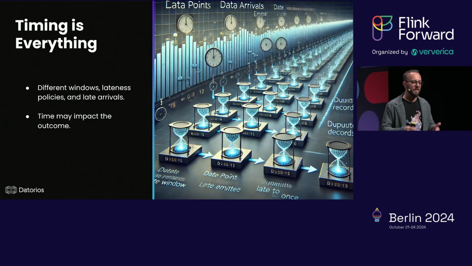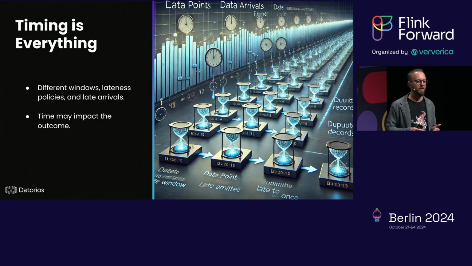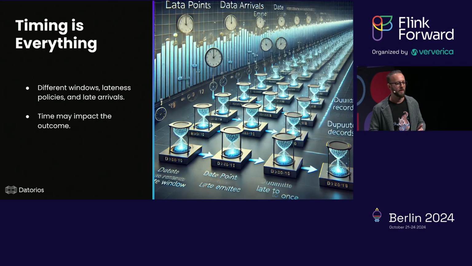The next one will be time. Time plays a crucial role in Flink's stream processing. Following the out-of-order data, the processing time can have a noticeable impact on the final outcome. So here are a few examples.